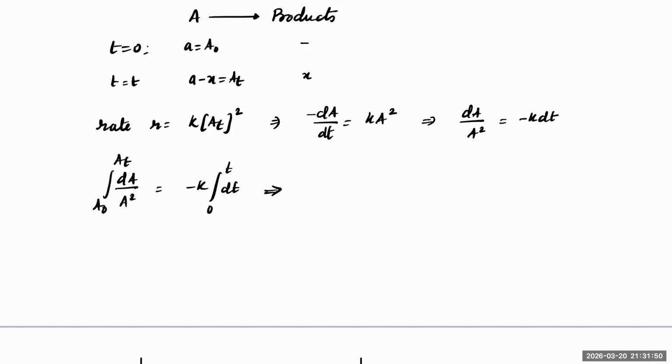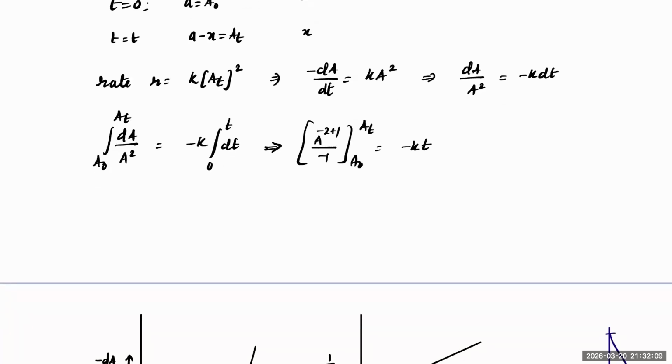As I integrate, I will get minus 1 by a, correct? So a raised to power of (minus 2 plus 1) by minus 1 from a naught to At is equal to minus kt. That minus will get cancelled. So what we have here is 1 by At minus 1 by a naught is equal to kt.